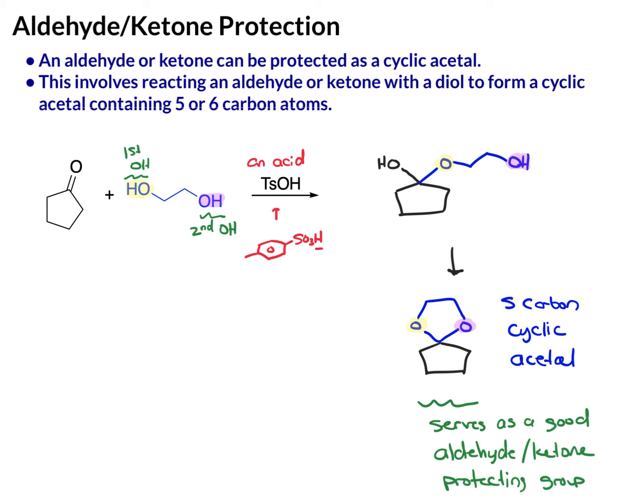So what that means is we can convert an aldehyde or ketone to the cyclic acetal, but what's useful about this is we can remove that cyclic acetal as well. So all you need to do is add acid and water to this.